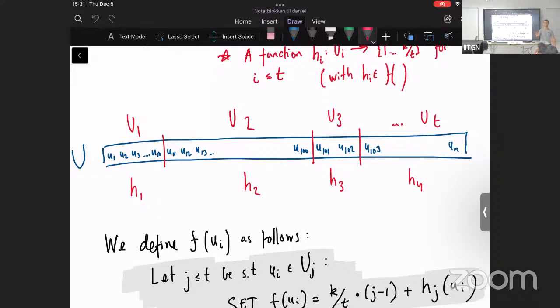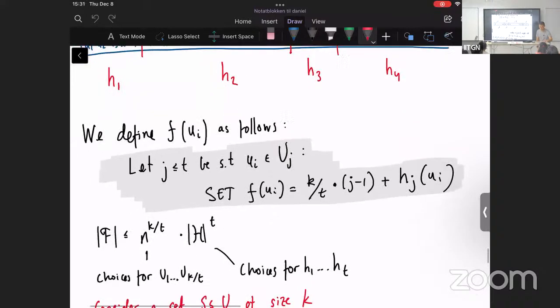But now for each part of my partition, I need a k over t coloring. So that's where the H to the t factor comes from, because for each of the t parts, I point to one function in H. That's the function I use to color that part: the ith function colors the ith part of the partition.